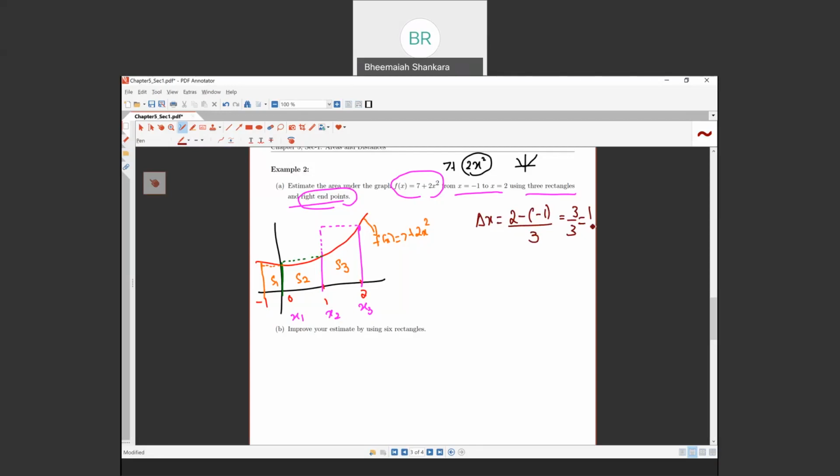Now start writing the area of the sum of the 3 rectangles: 3 is delta x times f(x1), f(x2), f(x3), and you want to add all these f of x values. So delta x is 1, f(0), f(1), and f(2). So you know where to plug in these x values into 7 plus 2x squared. Simplify and you get 41.